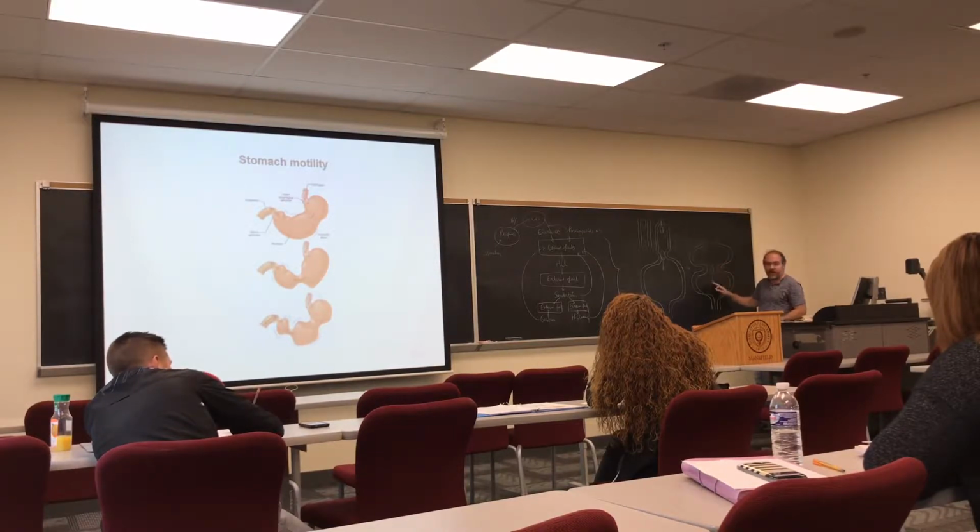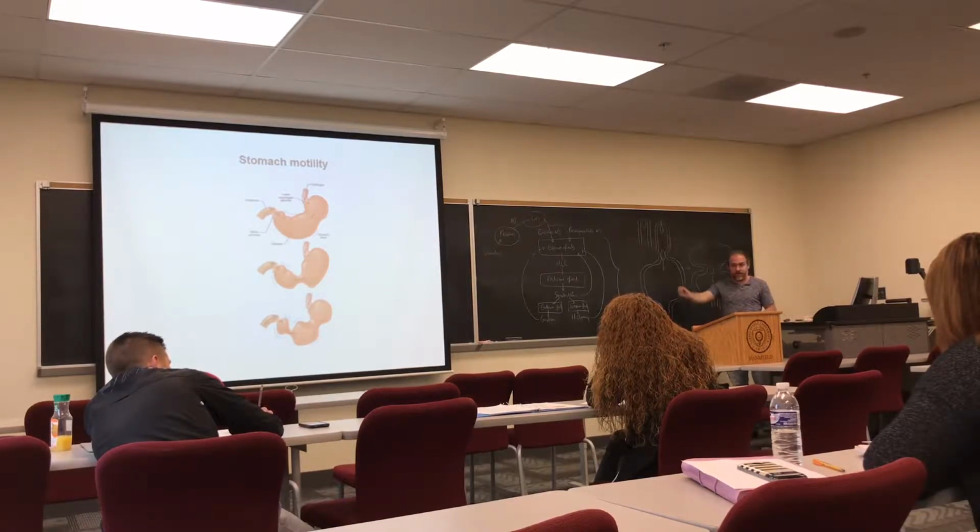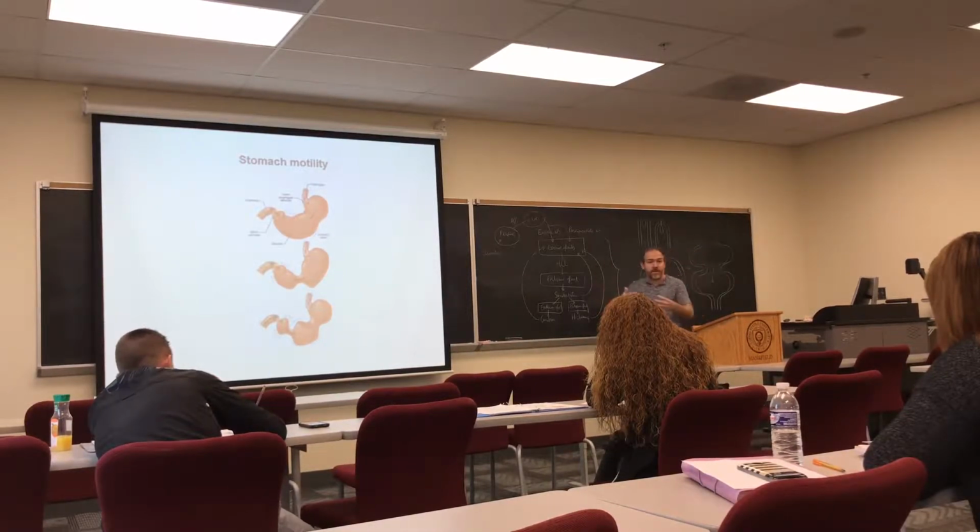While the food is in the stomach, the wall of the stomach is going to secrete all these things that we talked about right before. So then the food is going to be mixed with hydrochloric acid, with pepsin, with other enzymes, okay? And the food is going to be broken down.